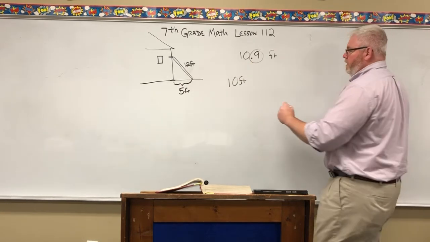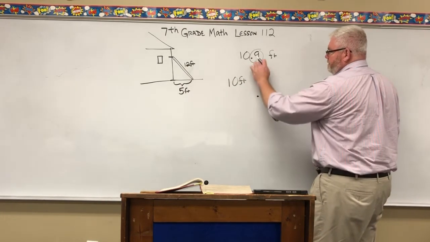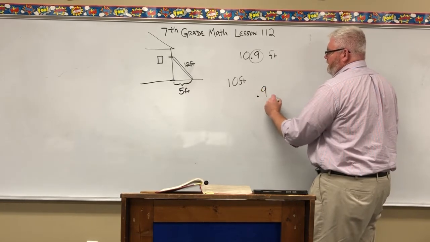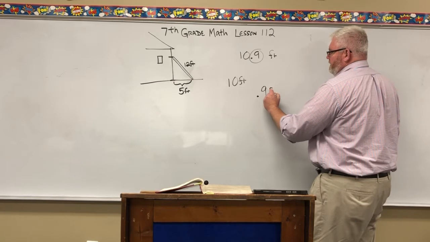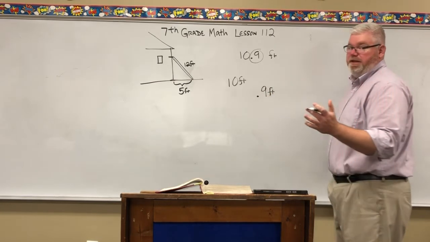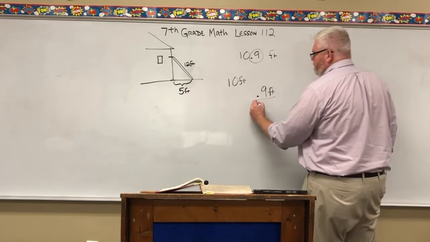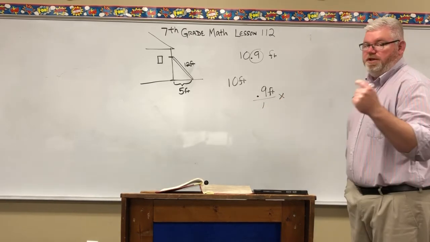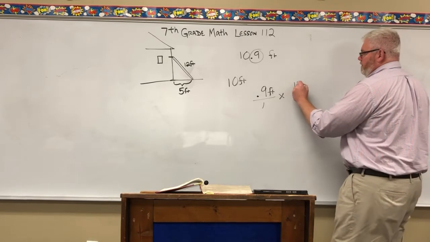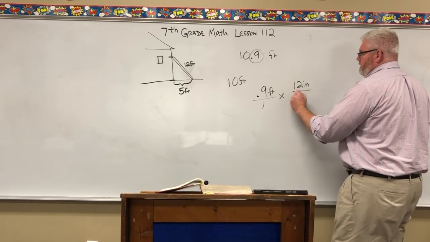So we're going to take our 0.9 from here, and we're going to multiply that. This is 0.9 feet, okay? And we're going to use a unit multiplier. We want to change feet to inches, so 12 inches over 1 foot.